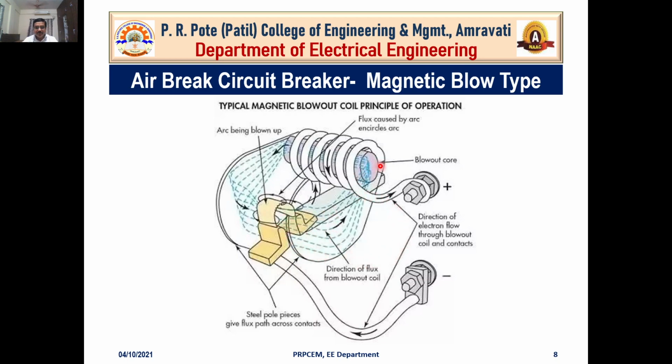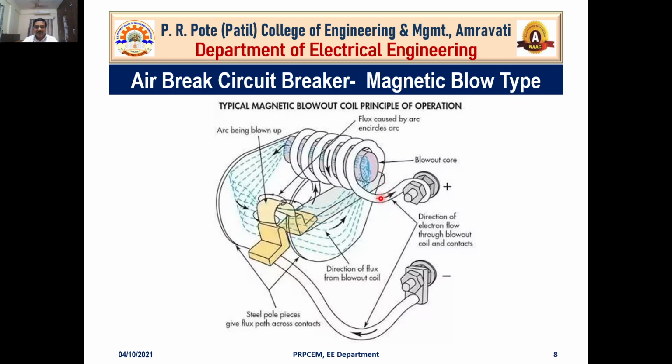Then we have a blowout core, and this is a blowout coil, wound on this blowout core. You know that whenever a current carrying conductor comes in contact with a magnetic field, it experiences a force.